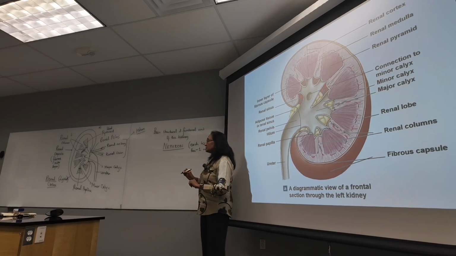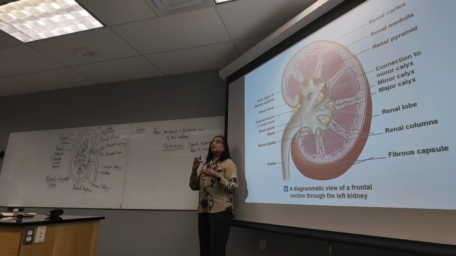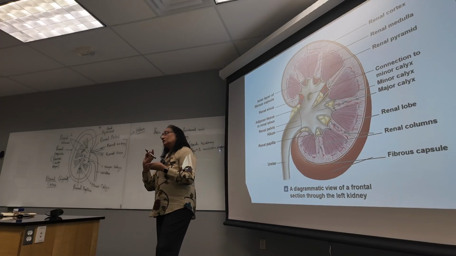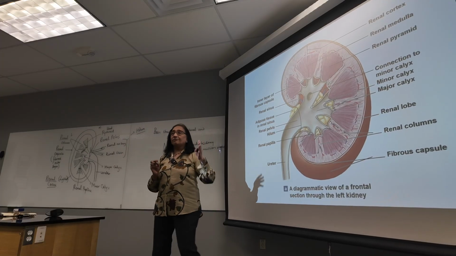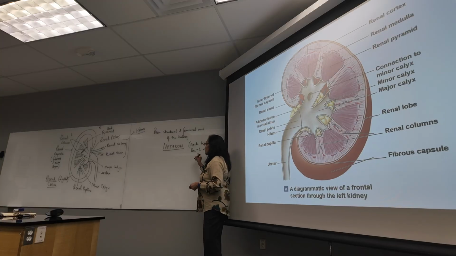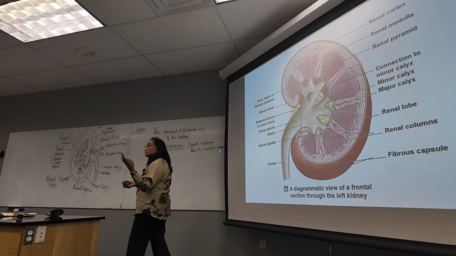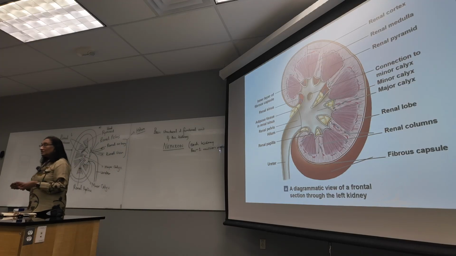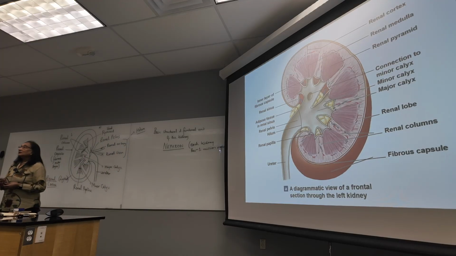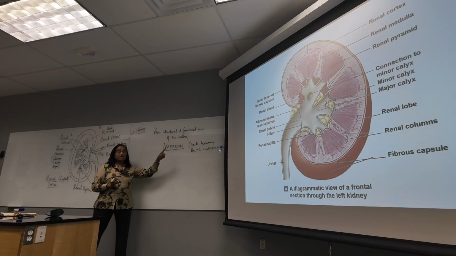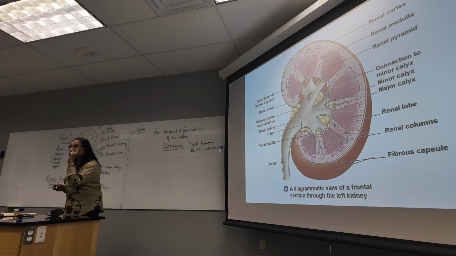One kidney is sufficient to maintain blood pressure, blood volume, electrolyte, water, acid base, get rid of stuff. So people can donate a kidney to someone who doesn't have both the kidneys functioning. Okay? So, roughly 1 million nephrons in each kidney.